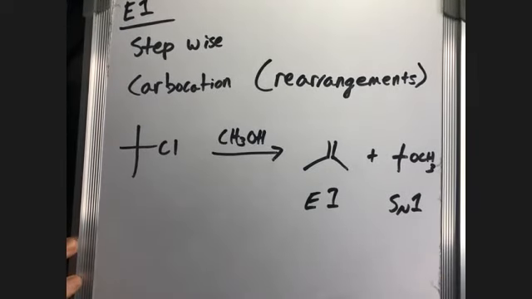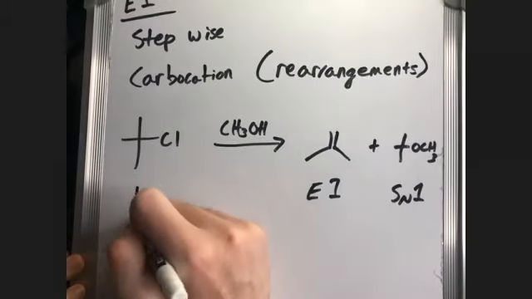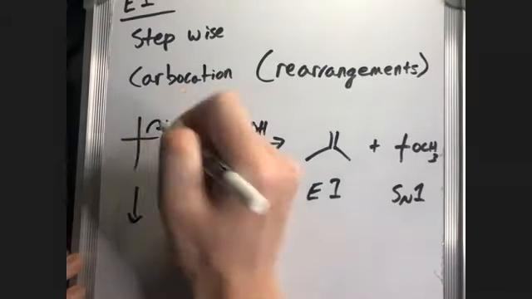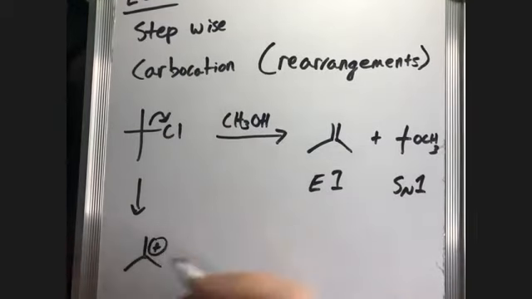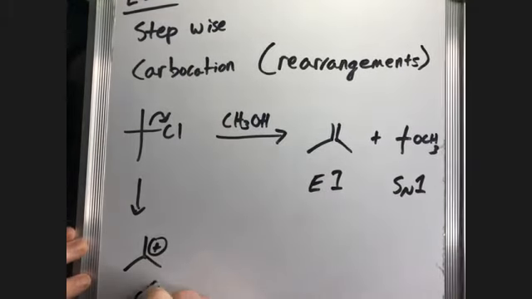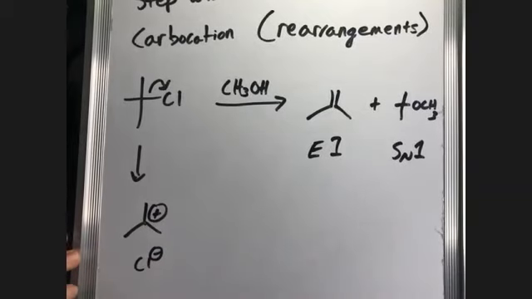So anyway, to make the E1 product, the mechanism involves first the cleavage of this chlorine spontaneously, which, like I mentioned last time, is the hardest part to rationalize in this whole step because it's just a spontaneous bond cleavage. That's not usually something that happens.